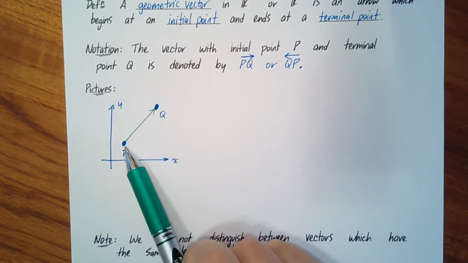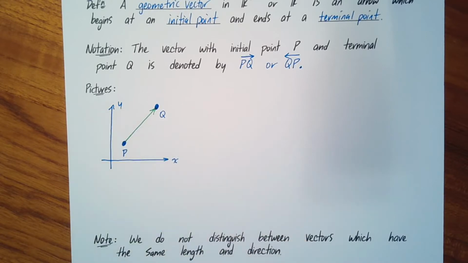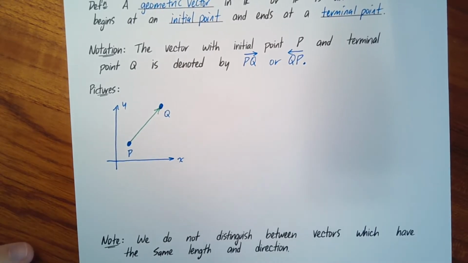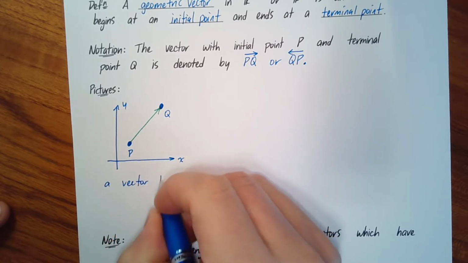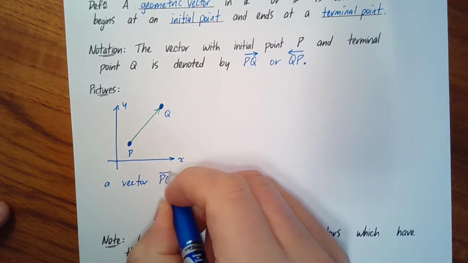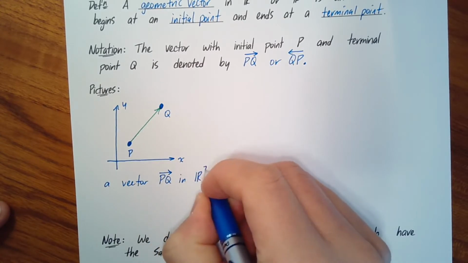It starts at the point P and then it goes all the way to the point Q, and then the arrow at the end really just makes it so that you can, because you might not have seen me draw it, you might be looking at the picture after the fact. Well, the arrow is there just to indicate which is the terminal point. So the vectors point to their terminal points in that sense. So this is a vector PQ, and this is in R2 because it's in two-dimensional space.